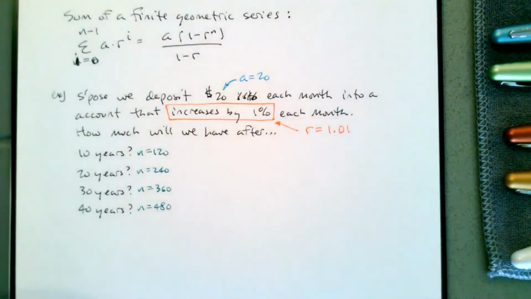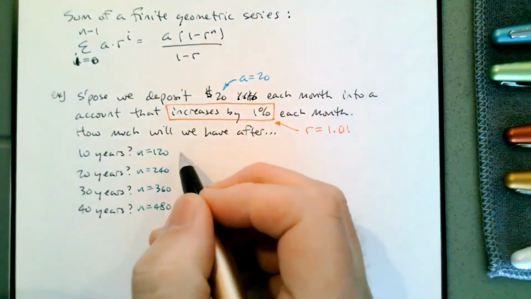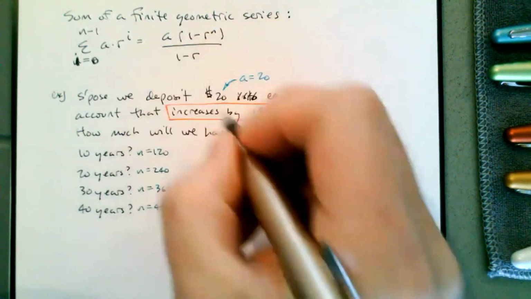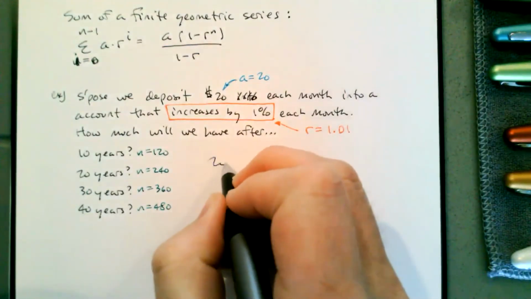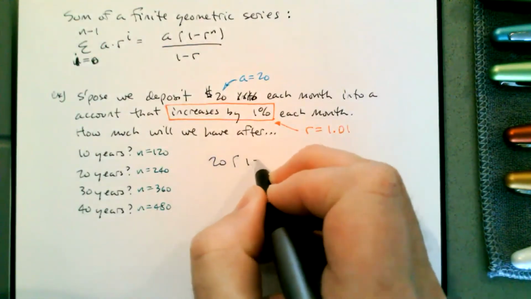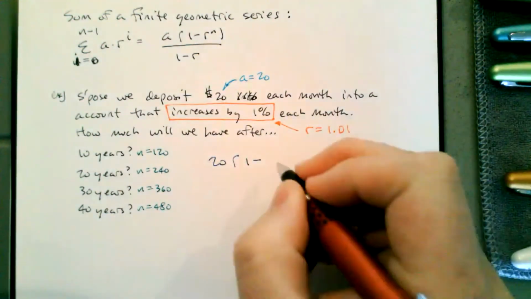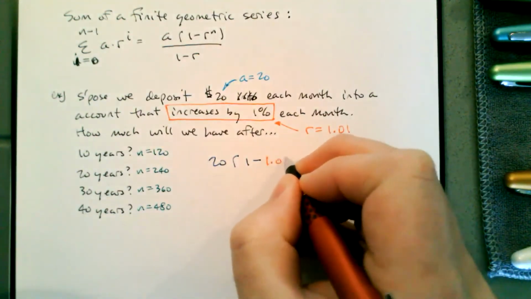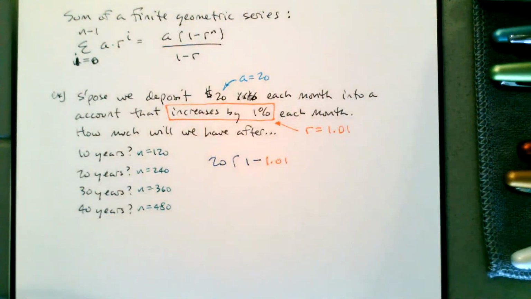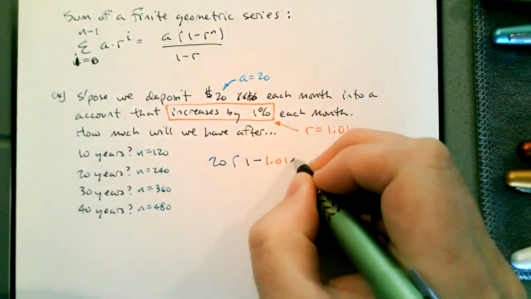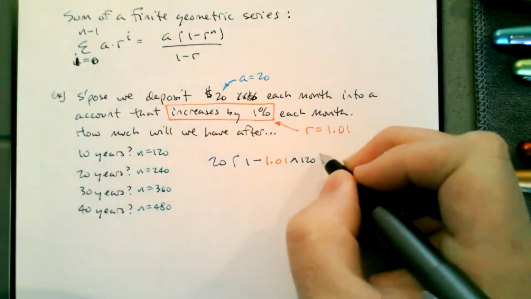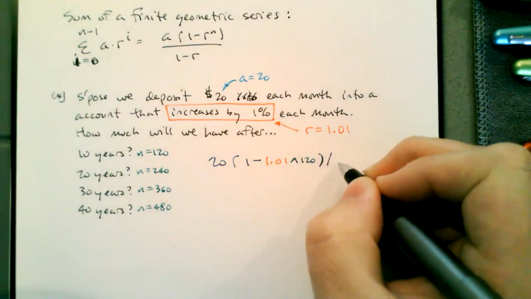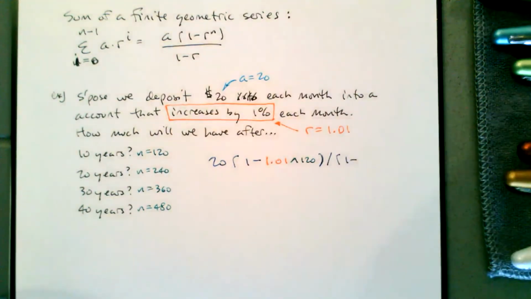So if we want to calculate the sum, 20 is our first term. We'll start with 20 times 1 minus r, which is 1.01, raised to the 120 power, and we divide by 1 minus 1.01.